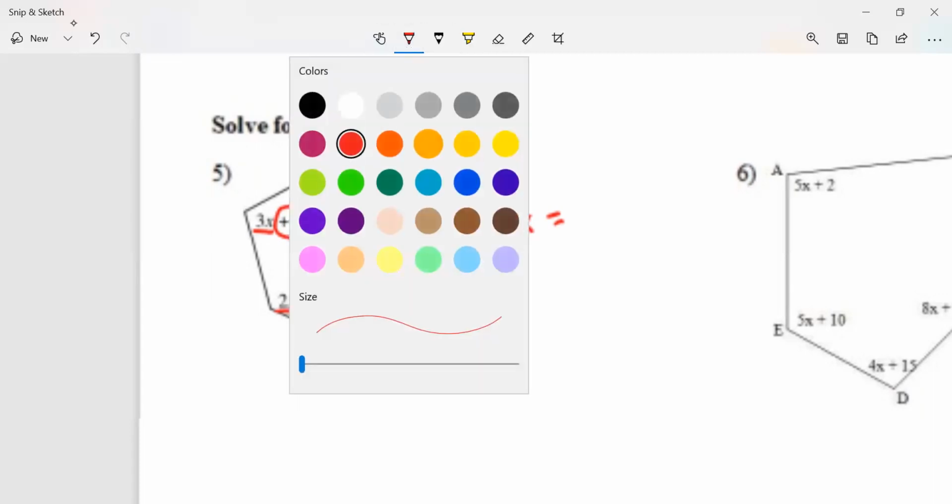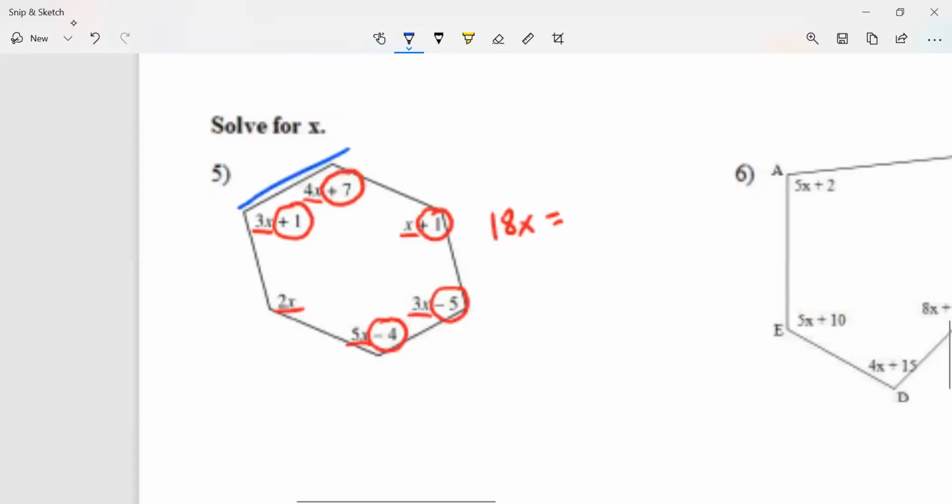Let me count how many sides this thing has. 1, 2, 3, 4, 5, 6. So I'm going to go 180 times 4. Remember, there's 6 sides. I always go 180 times 2 less than how many sides there are. I know 180 times 4 happens to be 720.